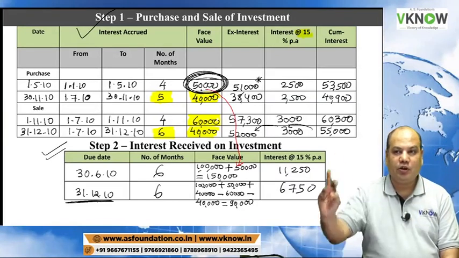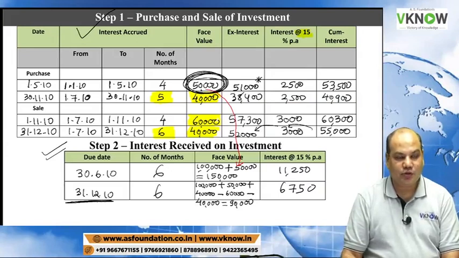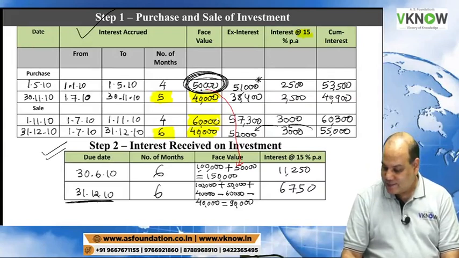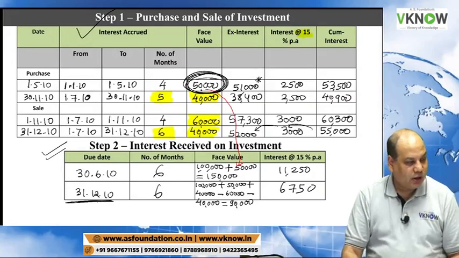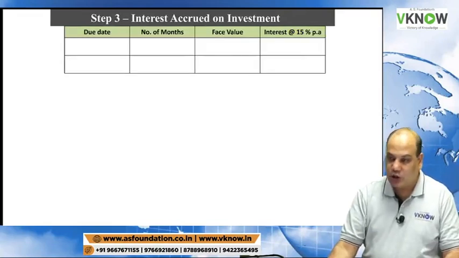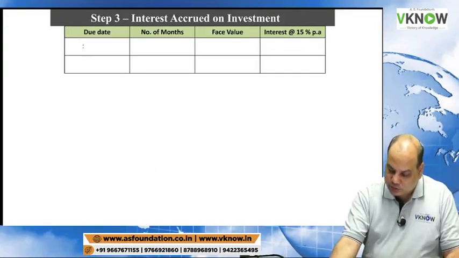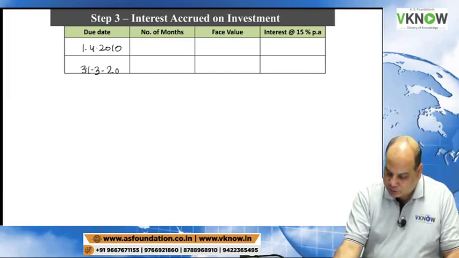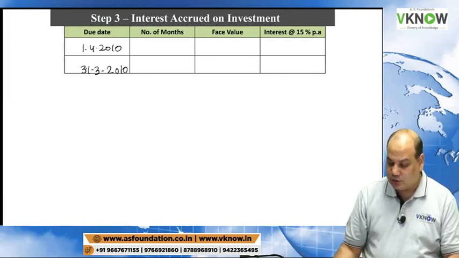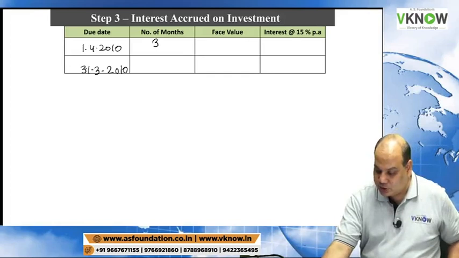Yes, Jayashri, you are right. Sakshi, you are right. Jyoti Jha, right. Tanya, right. 6750. Working note 3, write down interest accrued on investment. Due date will be 1/4/2010 and 31st March 10. Number of months will be 3. Which 3 months?